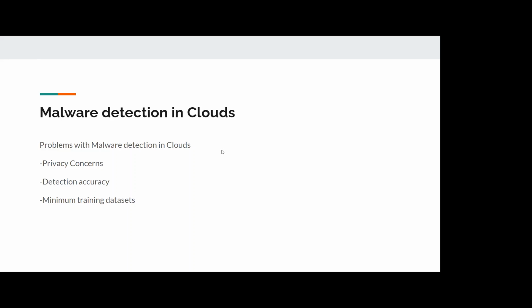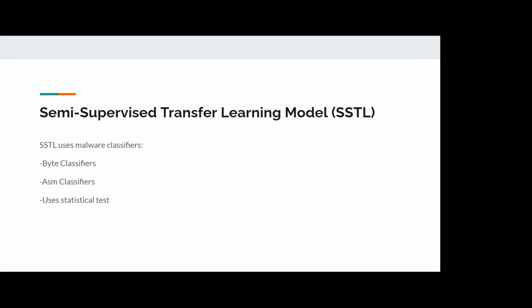It could also lead to a lot of false alarms and accidental deletion of legitimate files if it detects false alarms. There's also a lack of sampling required for learning, so it makes it really difficult to train software to detect malware within clouds.